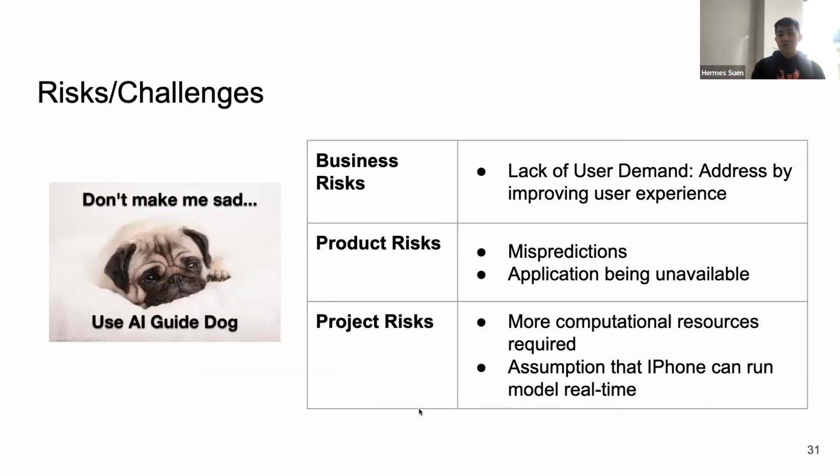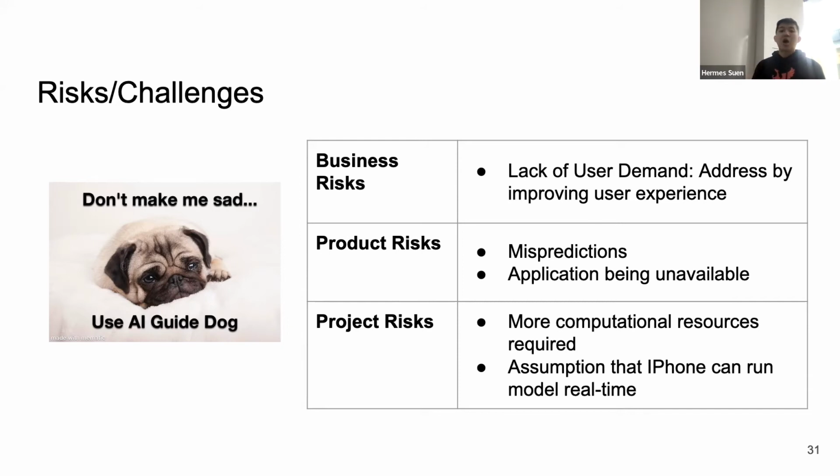On this slide, we see some of the risks that our project faces. For the first type of risk, we have business risk, whereby even in the case where our app is deployed, there is a lack of user demand. We can address this by improving our user experience through user feedback. Secondly, there's also product risk, whereby in the case of a model misprediction, we might cause users inconvenience, or we might even cause worse injury.